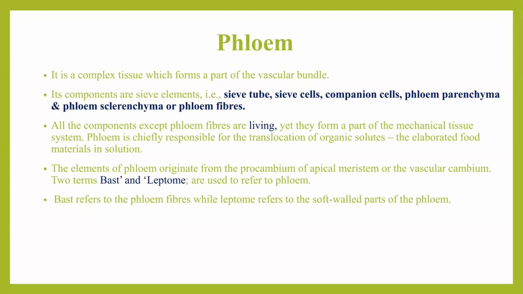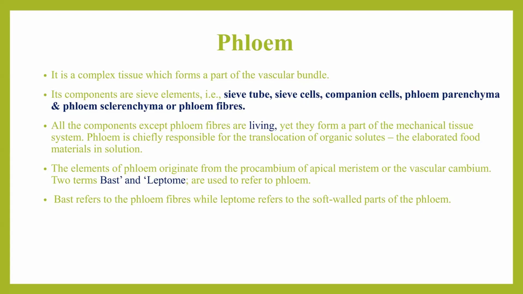Whereas in xylem, all are dead cells, and only the xylem parenchyma is living. This is the main difference between xylem and phloem. Phloem fibers form a part of the mechanical tissue system and give mechanical support. Phloem is chiefly responsible for the translocation of organic solutes, the elaborated food materials in solution.